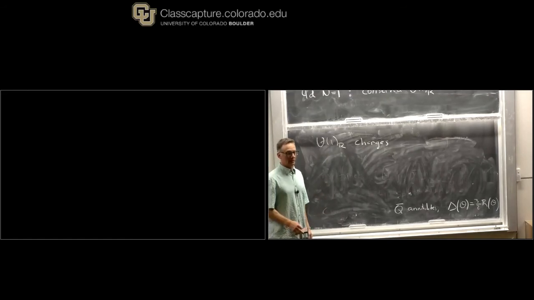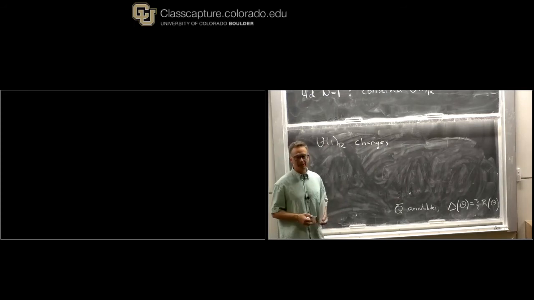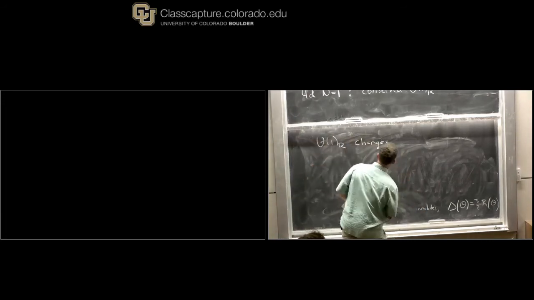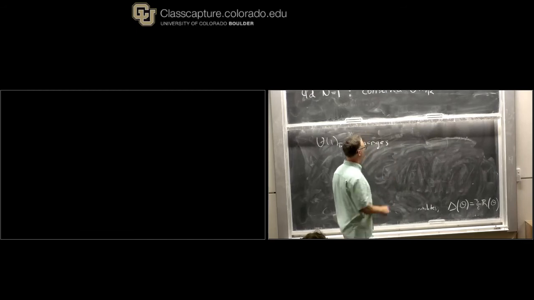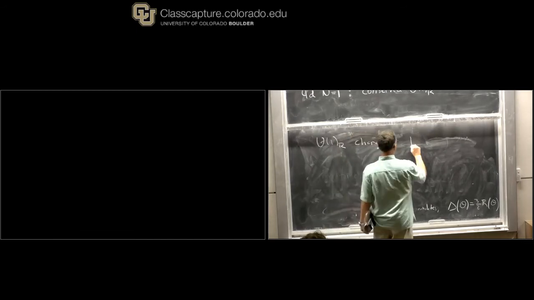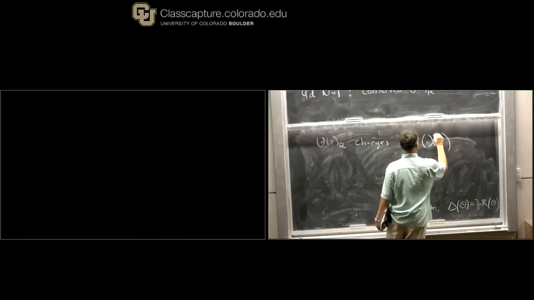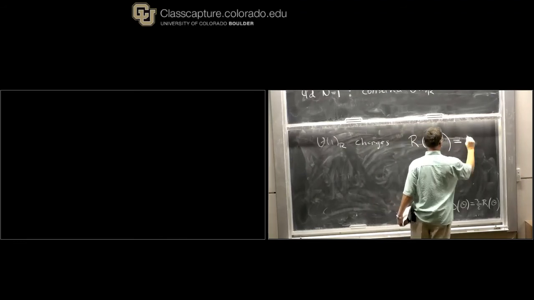It has to assign charge 0, of course, to the gauge fields because we can't rotate the gauge fields by some complex phase. So the R charges of the gauge fields are 0. And if we look at how the gauge fields sit in a multiplet, that tells us that the R charge of the gauginos, so these are in the adjoints, has to be 1.